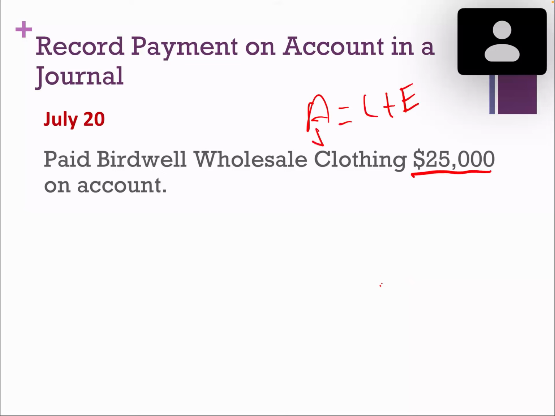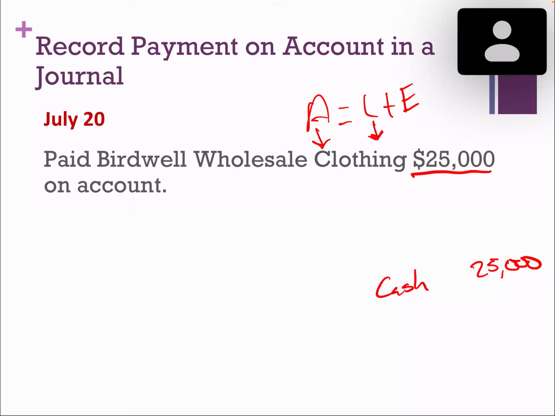So our cash is going to go down. So let's credit that account cash, $25,000. And then since we're paying off that payable, or at least $25,000 worth of it, we're going to reduce our liabilities. Okay, so don't think of it as an expense. Just think of it as we're reducing down what we owed them.